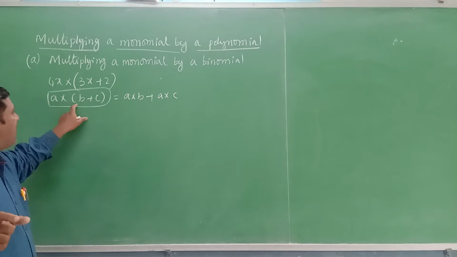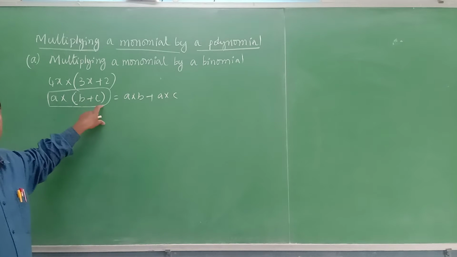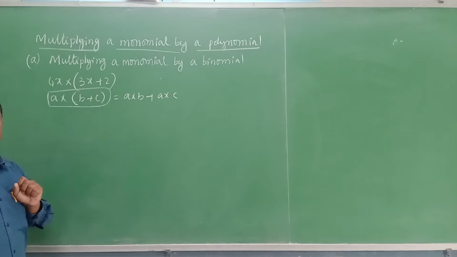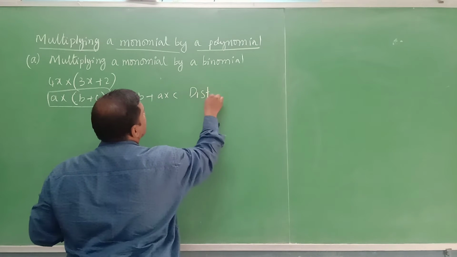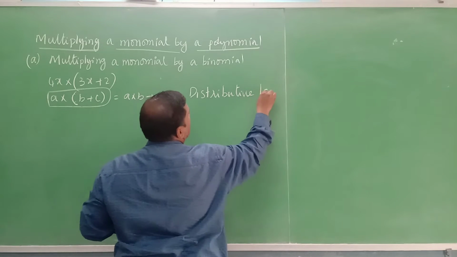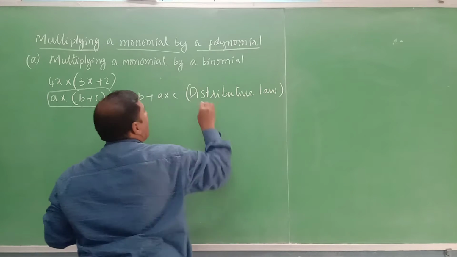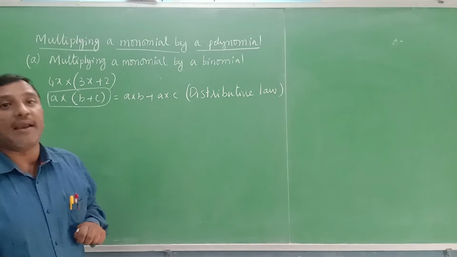That means every term inside the bracket is multiplied by a, and we get two products. The two products, if we add, we get the final product. So this property is the distributive property or distributive law. This distributive law we use to multiply a monomial by a binomial.